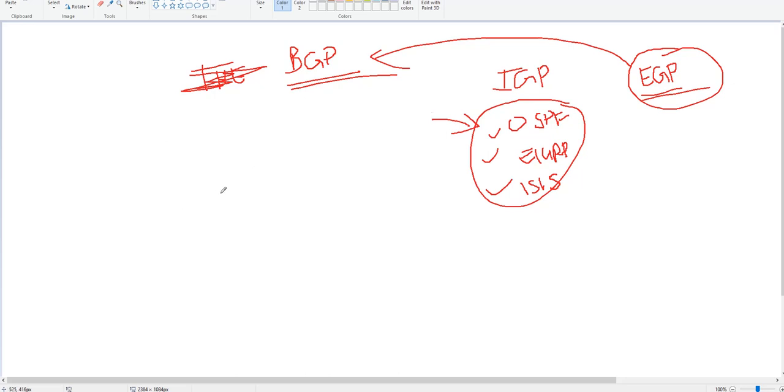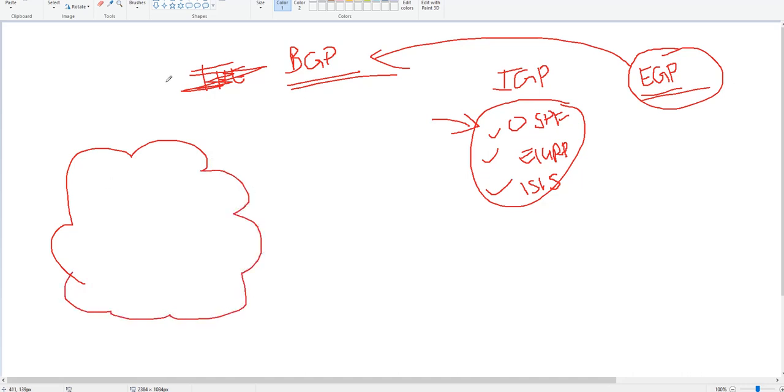Let's say you own a company, or you are the network administrator of the company. This is your company, where you have a bunch of routers, hundreds or thousands of routers, connected in some fashion in order to give services over different geographical locations.